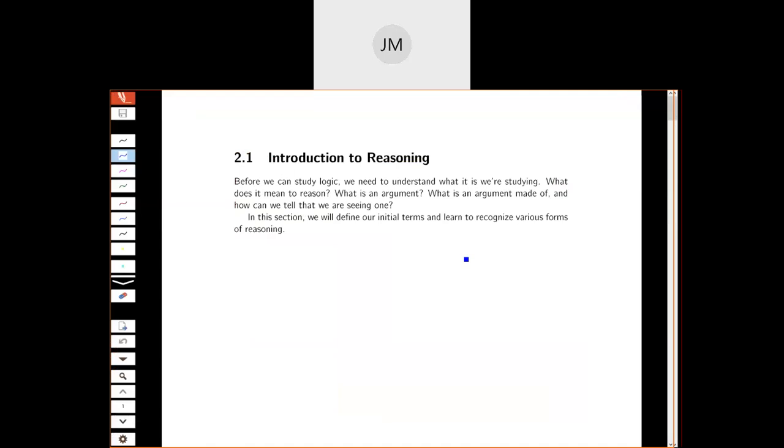Okay, but in order to get started with logic and reasoning, we have to figure out what it is we're talking about. So we want to talk about, what does it mean to reason? What is an argument? I think oftentimes when we use the word argument in English, we mean sort of like a verbal fight. And that's not really what we're talking about here.